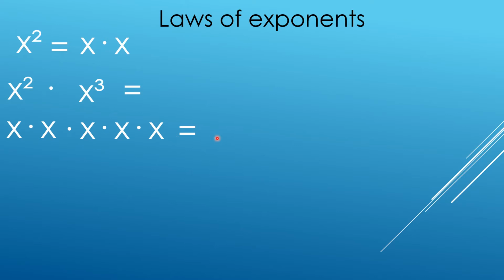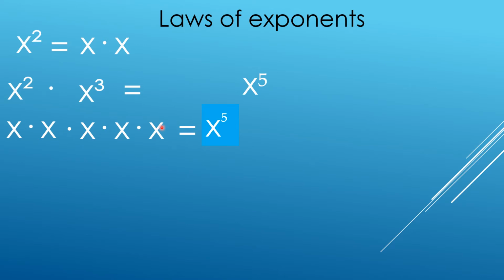In exponential form, that is x to the fifth power. So x squared times x cubed is equal to x to the fifth power.